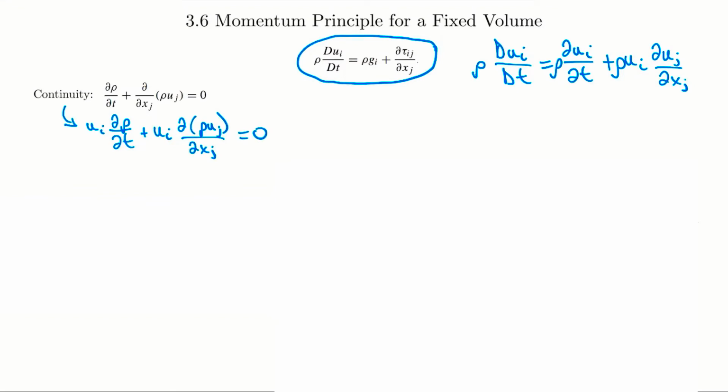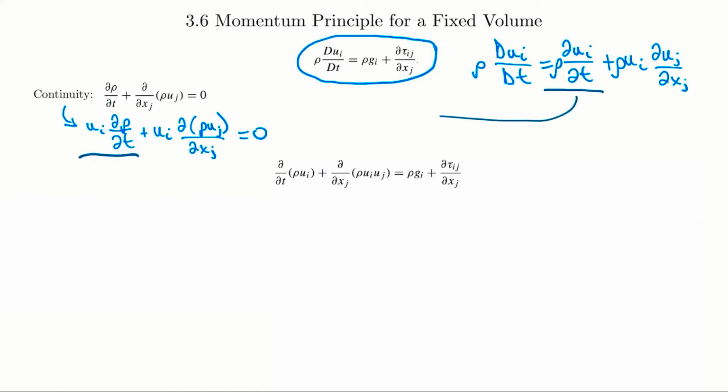Now I can add ui times the continuity equation to the left-hand side of this equation. And so you see, if I group together like that term and that term, we'll end up with this one here, just using the laws of derivatives. Then I can take this one, and they will combine to give this term here, right? And then I can add the rest on like we had before, so we end up with that.